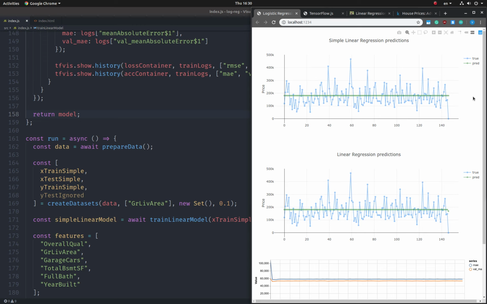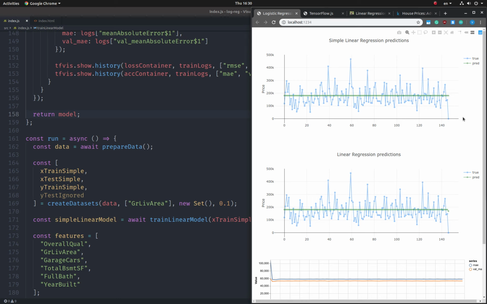So this is pretty strange, and as you can see, sometimes when you build a much more complex model and use more data, it is not necessarily the case that you have a better model. So in this case, you might use the simple linear regression predictions and go on with that.